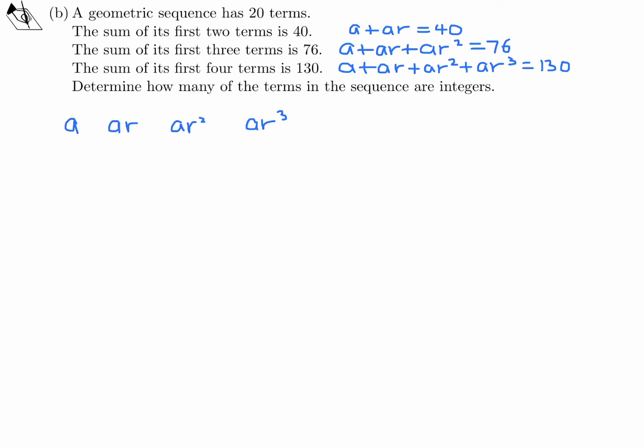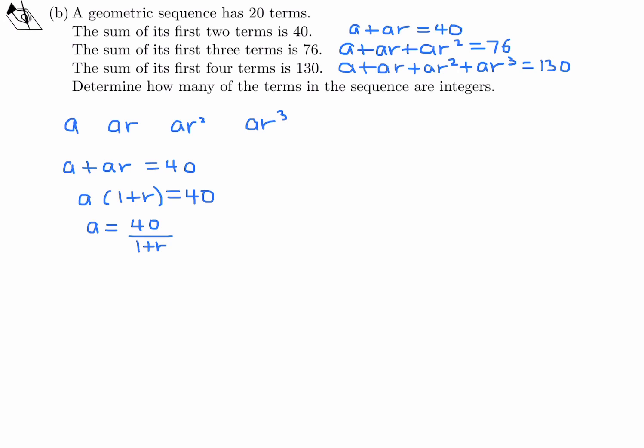So from the first one, I can deduce that a plus ar is 40, so I can factor out the a, and that gives me a times (1 plus r) is 40. So I can isolate for a, that's going to be 40 over 1 plus r. And there's many ways of doing this. I just did it this way because it's most comfortable for me.